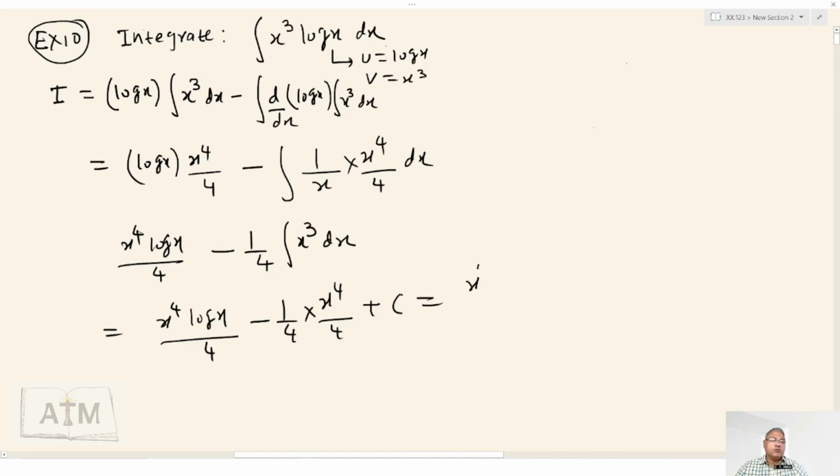This equals x raised to 4 log x upon 4 minus x raised to 4 upon 16 plus c, which is the required solution.